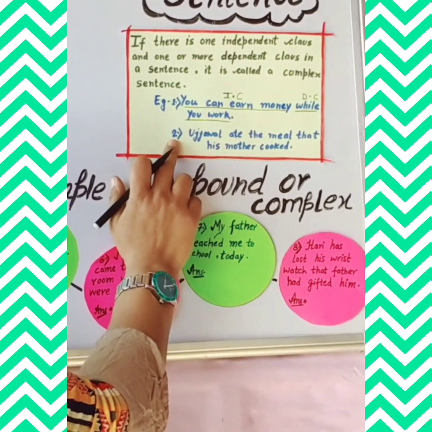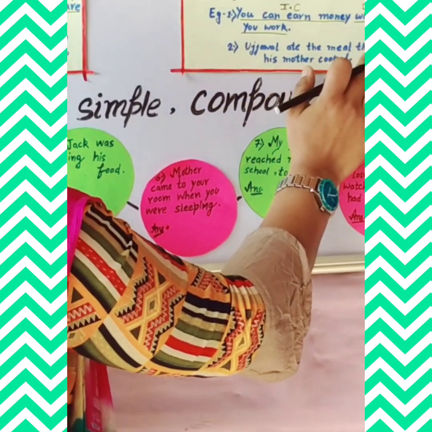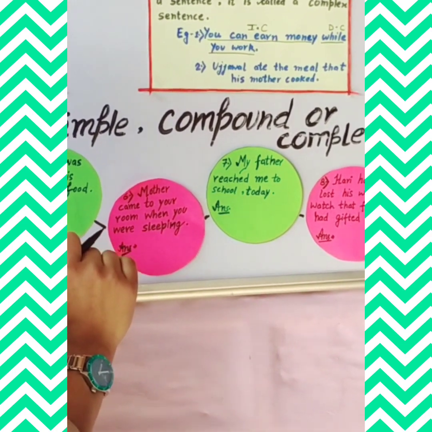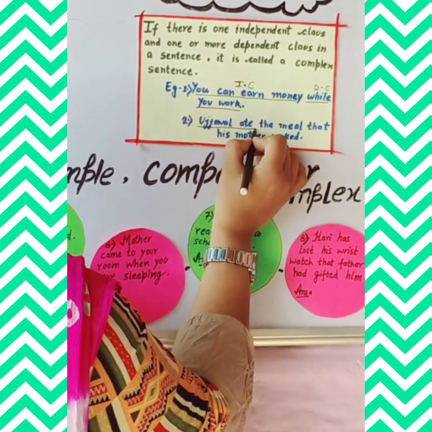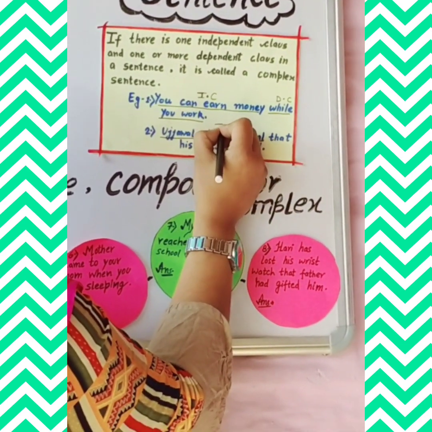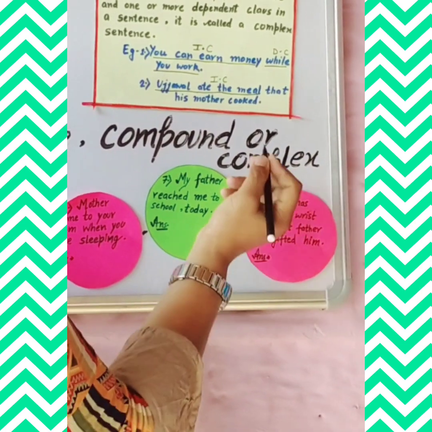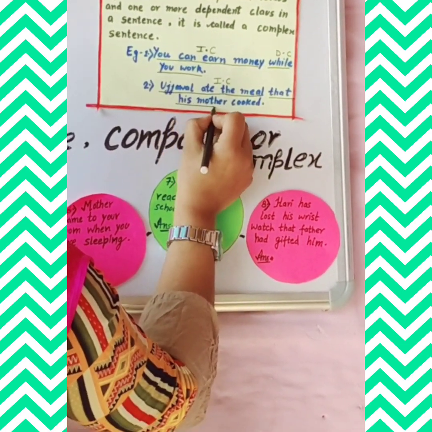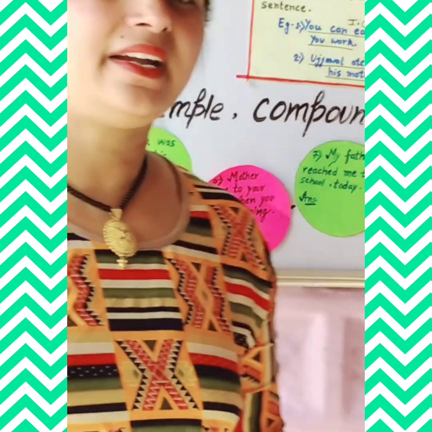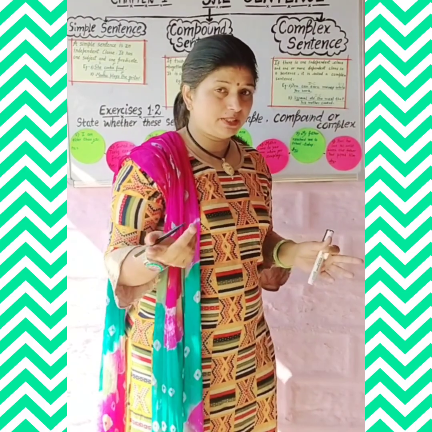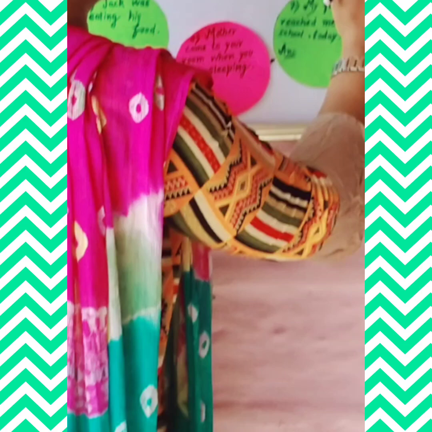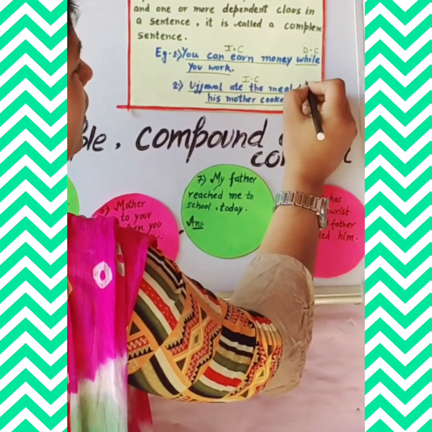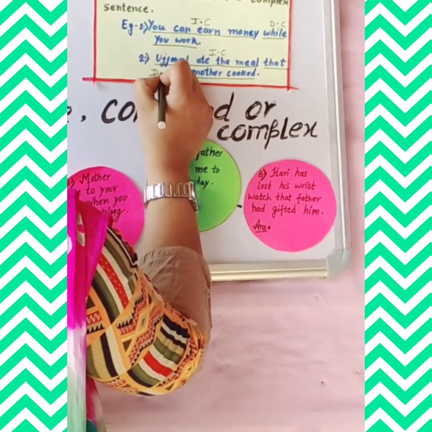राइट. नाउ सेकंड वन इज उज्जवल एट द मील दैट हिज मदर कुक्ड. राइट. इसमें क्या है? उज्जवल एट द मील. उज्जवल की मम्मा ने मील खाना पकाया. तो ये हमारा क्या है? इंडिपेंडेंट क्लॉज है. और जबकि दैट हिज मदर कुक्ड, इफ आई से दैट हिज मदर कुक्ड, सो इट इज मेकिंग अ प्रॉपर सेंस? कुछ बता रहे कि क्या, इट इज डिपेंडेंट ना. ये जो सेकेंड सेंटेंस है इट इज डिपेंडेंट ऑन दिस वन. सो दिस वन इज नोन एज डिपेंडेंट क्लॉज.